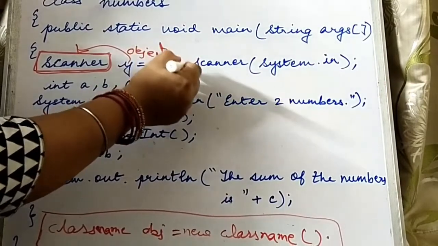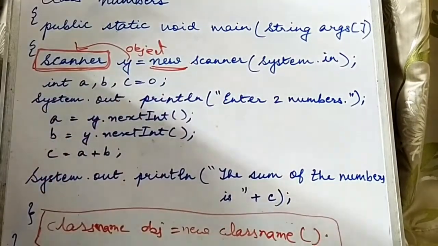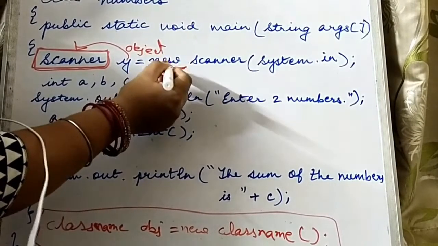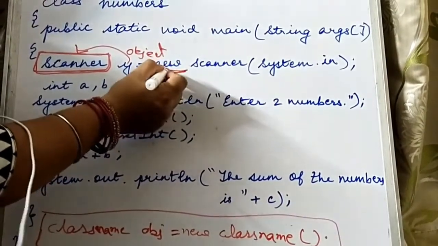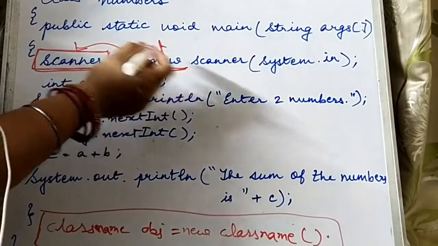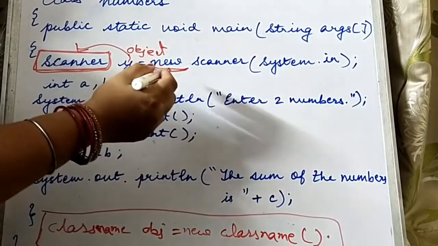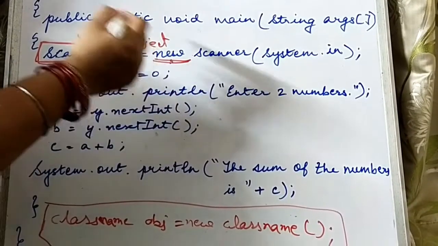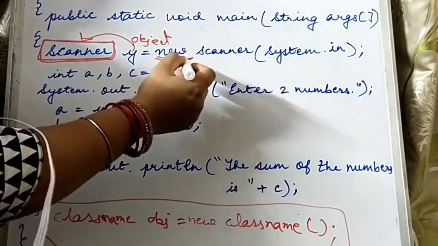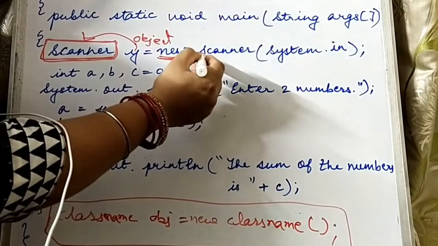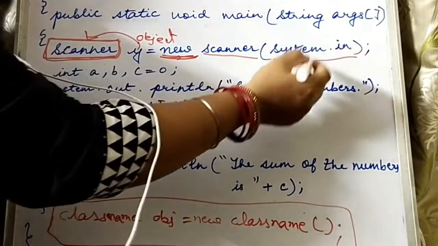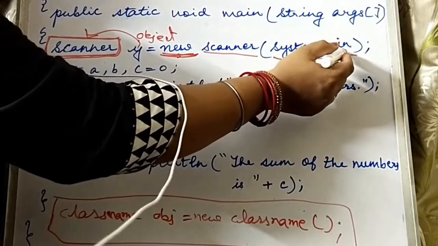Here new is a keyword which allocates memory for our object, and new is always used to create an object, as well as to create arrays. But here we are using the new keyword to create an object. Then after new, again the class name, and inside the parentheses I have written System.in.